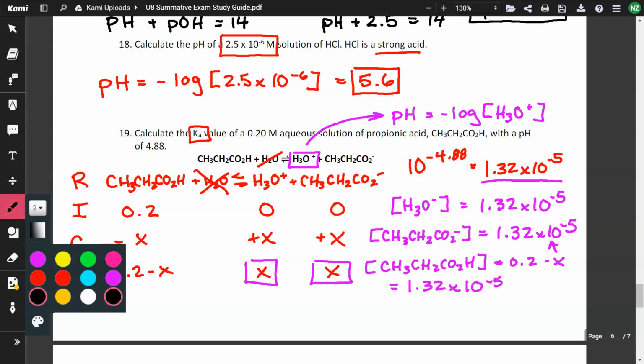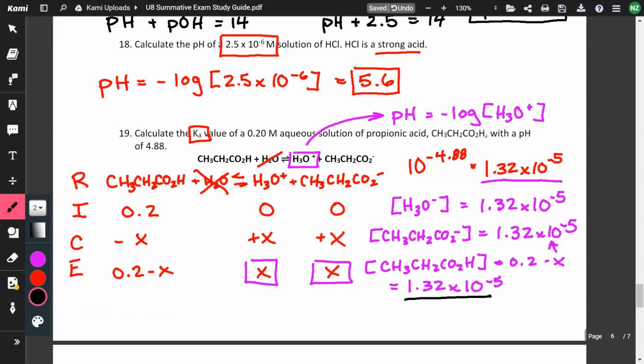All right, now we have all the numbers that we need to plug in and solve for Ka. Ka is products over reactants.